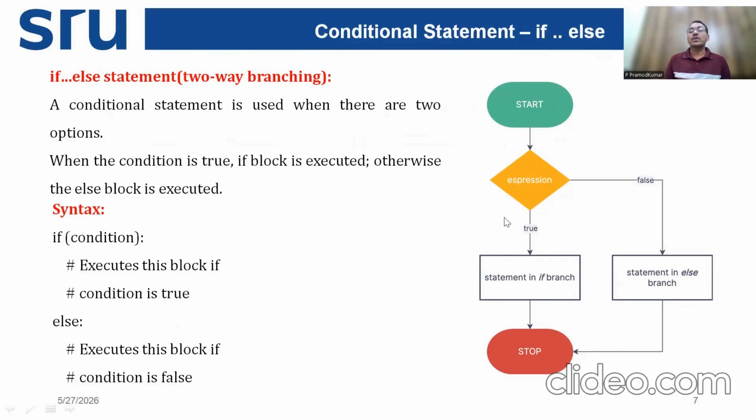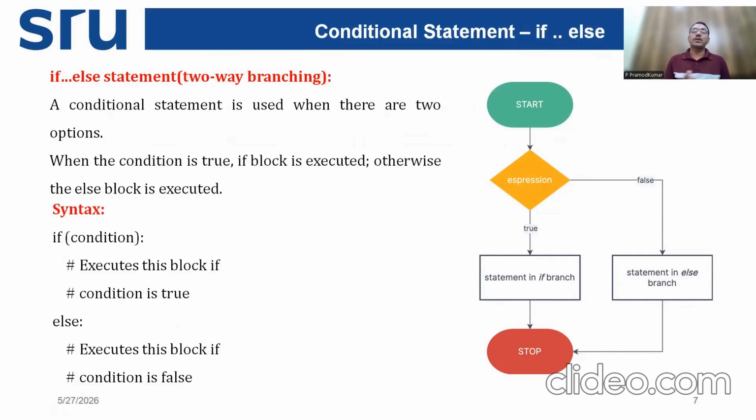Yes, here is a flowchart that we will discuss. Here, first, that expression we are evaluating. If the expression result is true, then which block will be executed? The if block will be executed. If its result becomes false, then the else block, meaning the else branch code, gets executed. So here we have specific blocks.